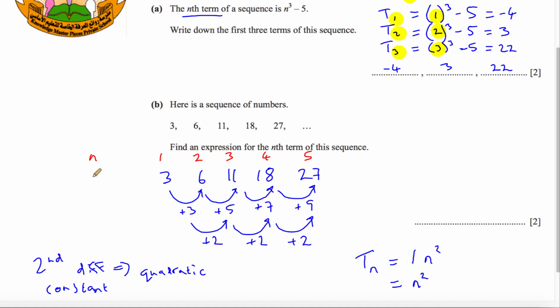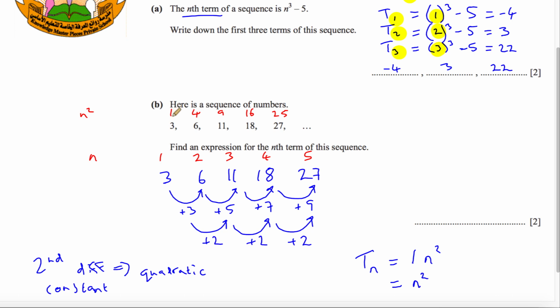So if we have a look now and work out n squared and compare it to the sequence, I'll put it above the sequence, n squared, so 1 squared would be 1, 2 squared would be 4, 3 squared would be 9, 4 squared would be 16, and 5 squared would be 25.